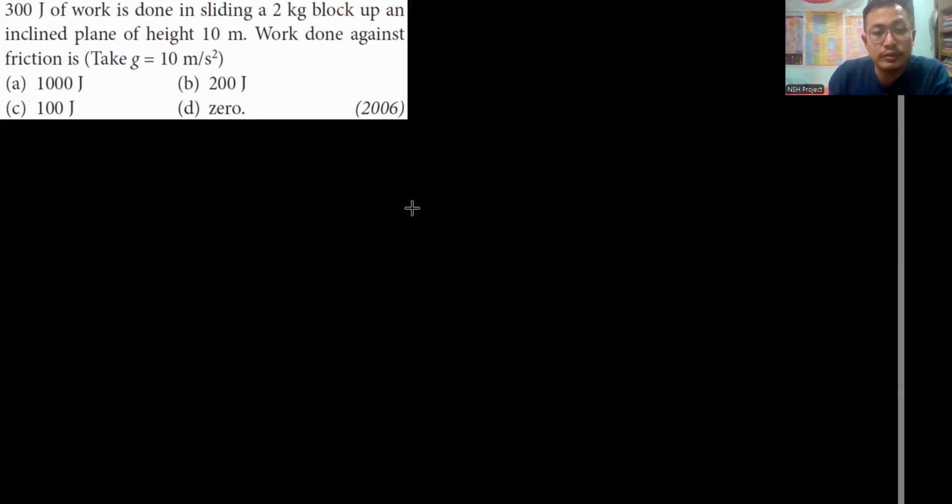This is the inclined plane, and the height of the inclined plane is 10 meter. Anyway, not a big deal. So this is 10 meter.